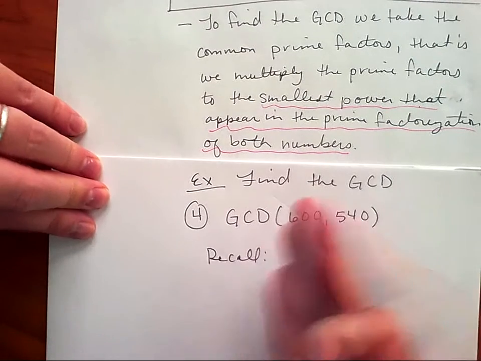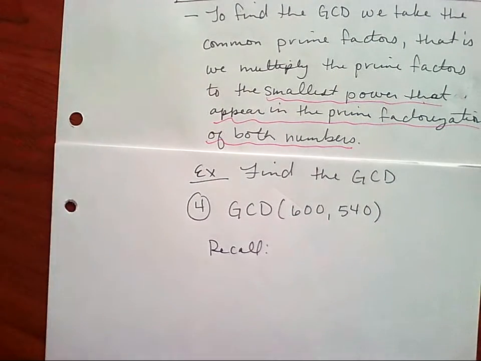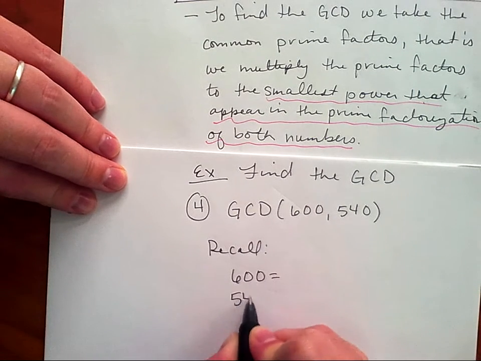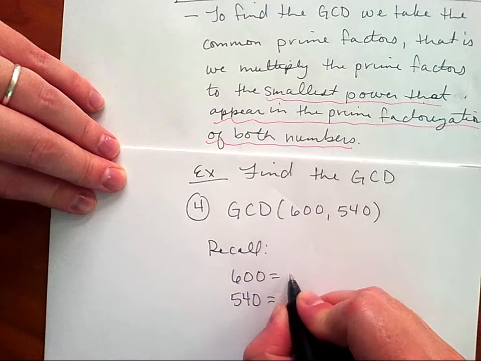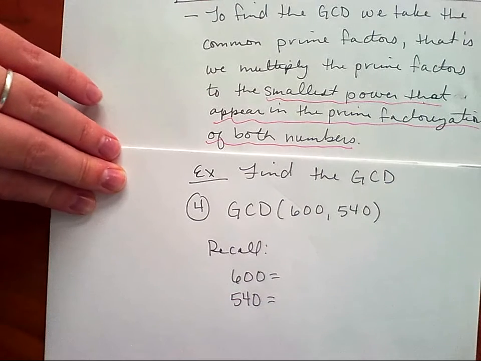So recall 600 and 540, we already did the prime factorization. We already did that factor tree. So 600, who can tell me what that prime factorization was? I want the primes. 10 is not prime, right?